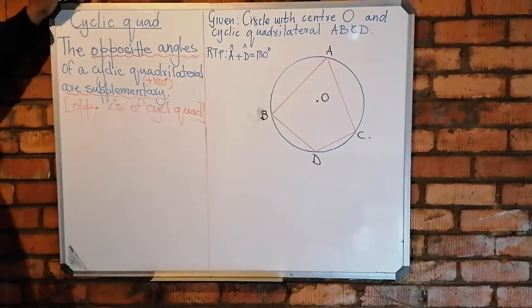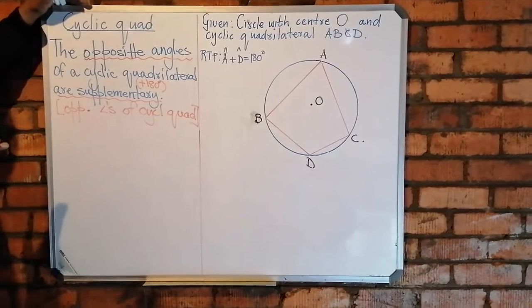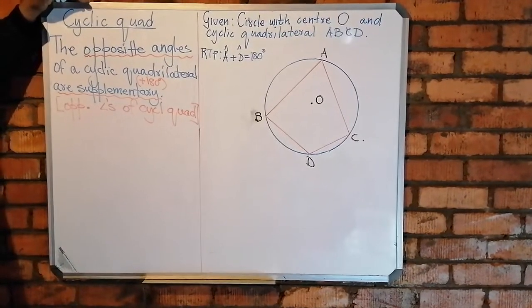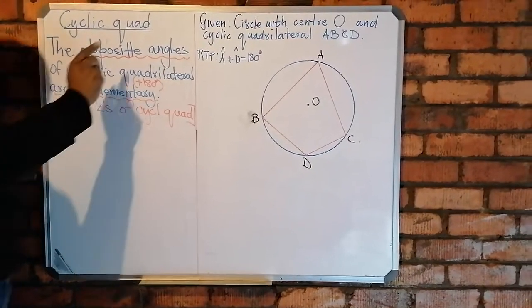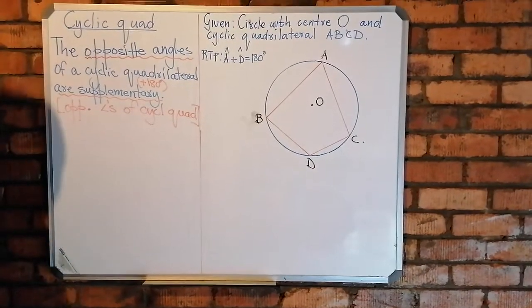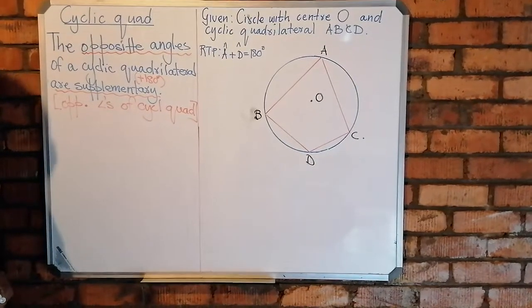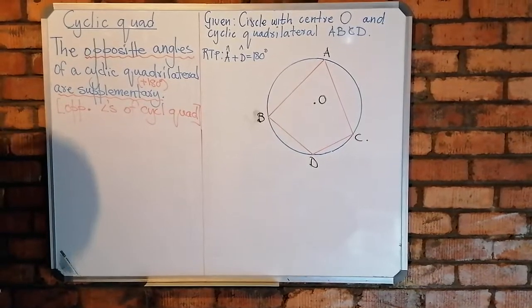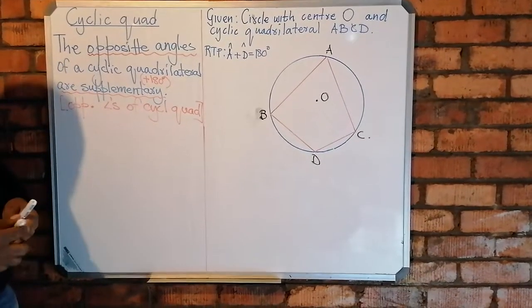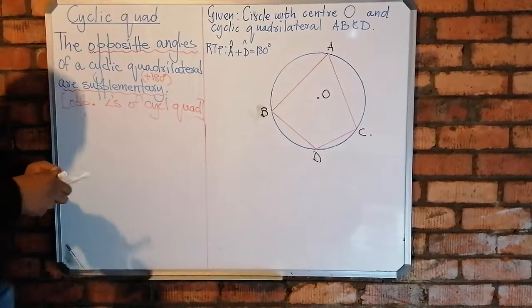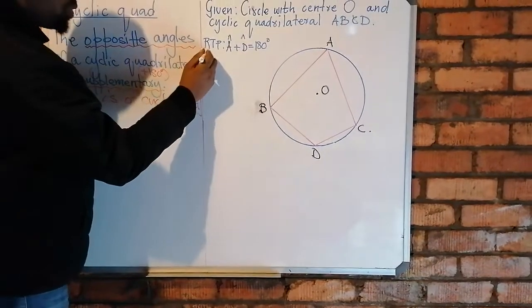Now, the next step is to prove what we have just said. You will be given a circle with center O and cyclic quadrilateral ABCD. What do we want you to prove?